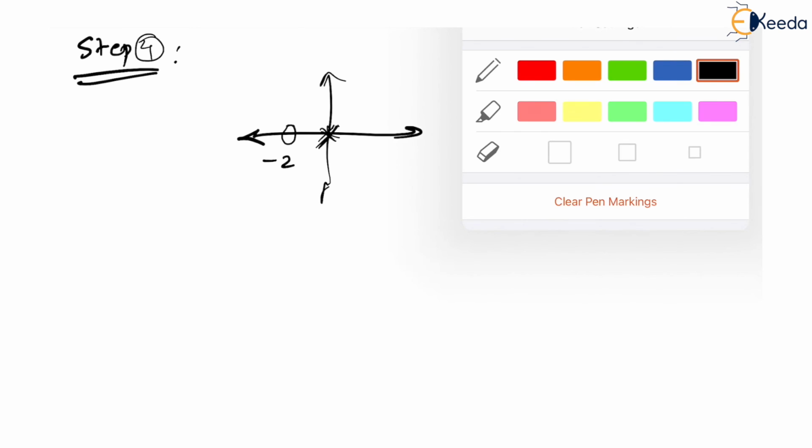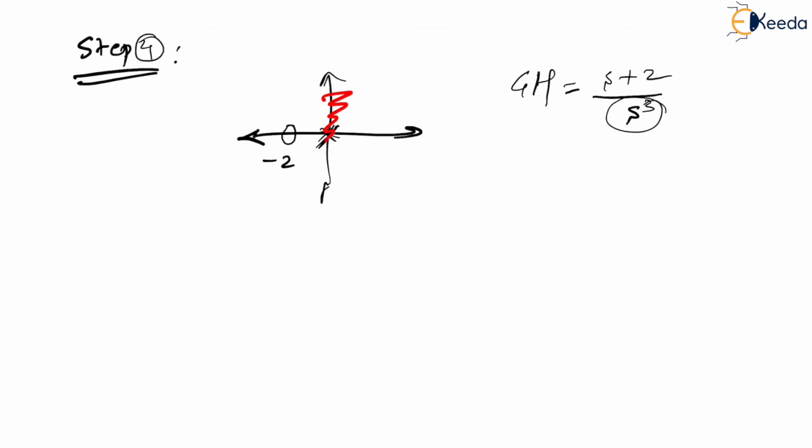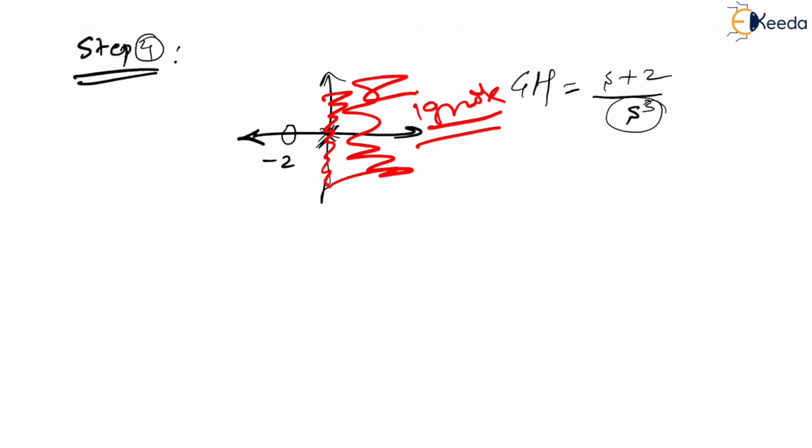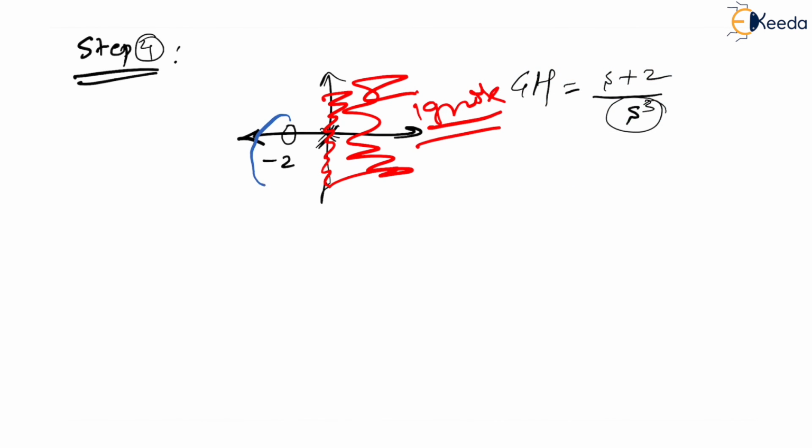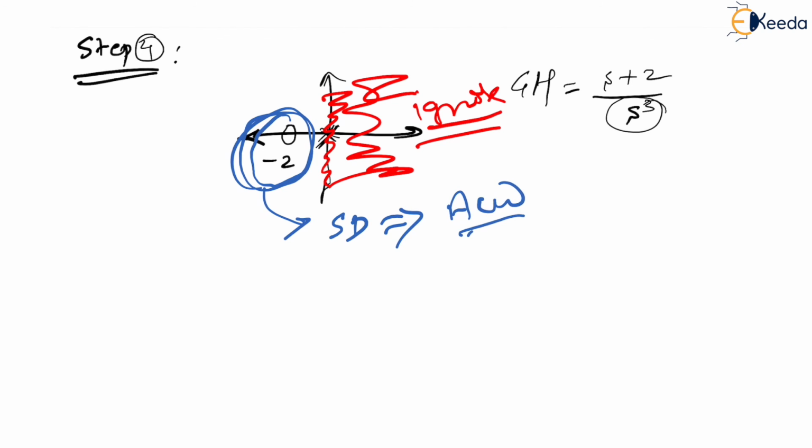According to our rule, whatever is on the imaginary axis as well as on the right half, we have to ignore, so we are interested in only this one. The 0 is closer to the origin, which means the starting direction is anti-clockwise.